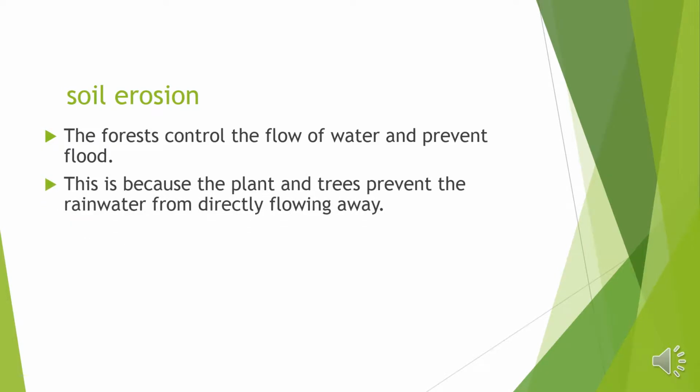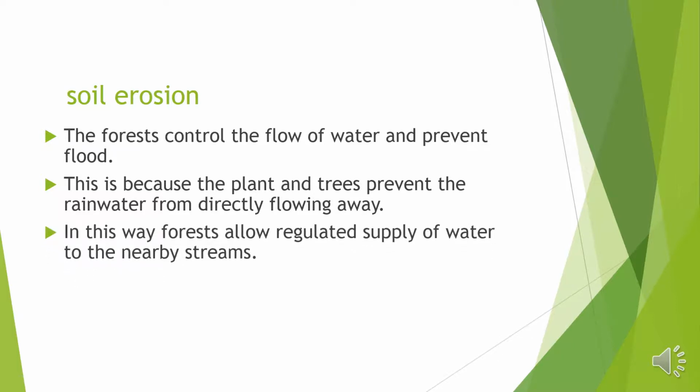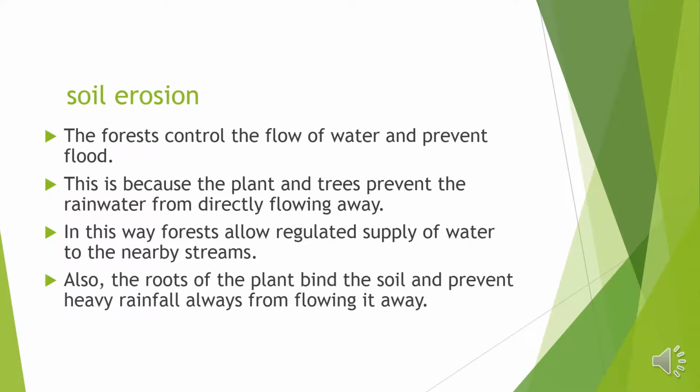This is because the plants and trees prevent the rainwater from directly flowing away. In this way, forests allow a regulated supply of water to the nearby streams. Also, the roots of plants bind the soil and prevent heavy rainfall from washing it away. Hence, they also prevent soil erosion.